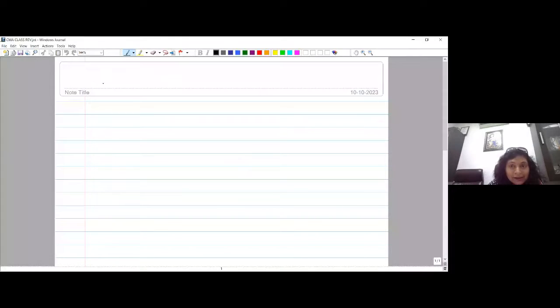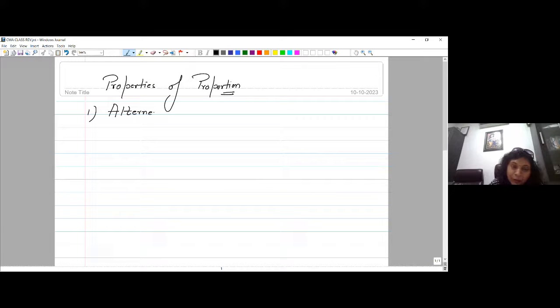So the properties of proportion or rules of proportion, the first rule is called alternando. Now alternando relates to the word alternate.